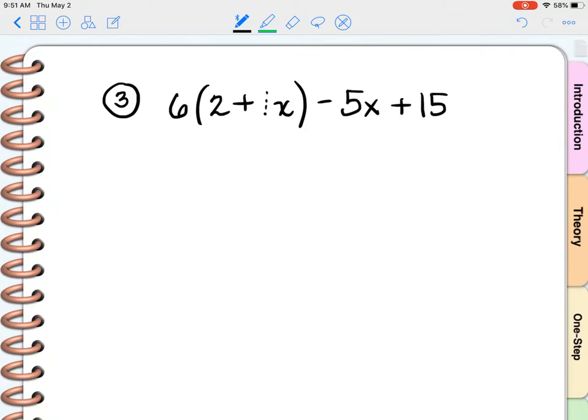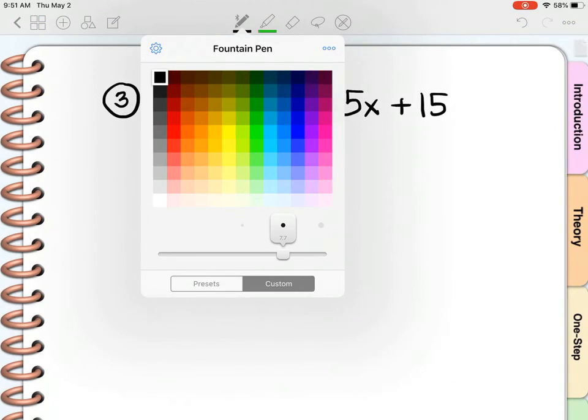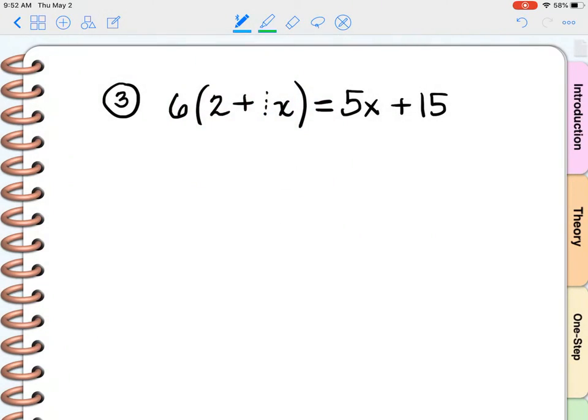I'm sorry, that's an equal sign. Okay, so this time we have parentheses on the left. We also have a variable term on the right. First step is always the parentheses. We have no choice on that. So we're going to multiply that term and that term.